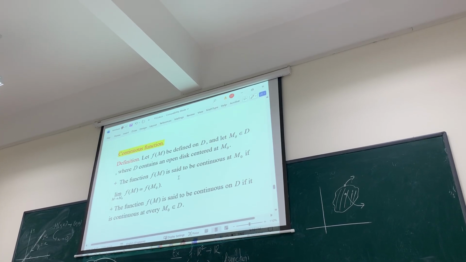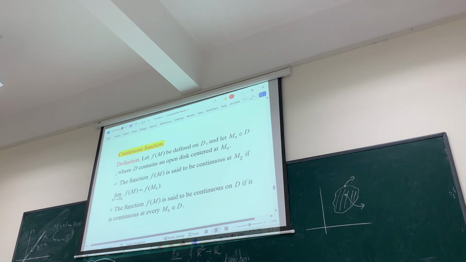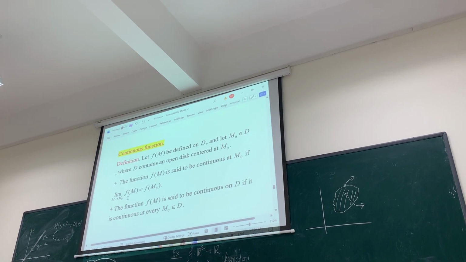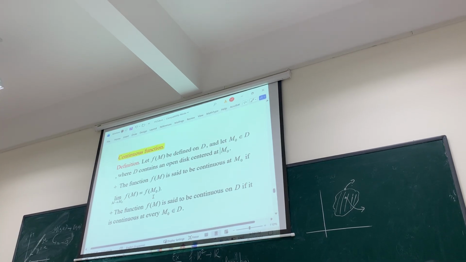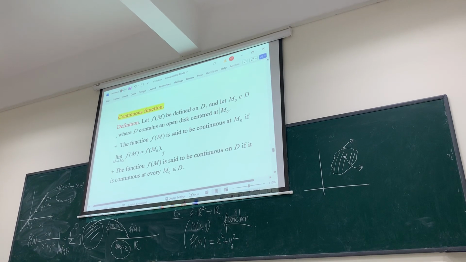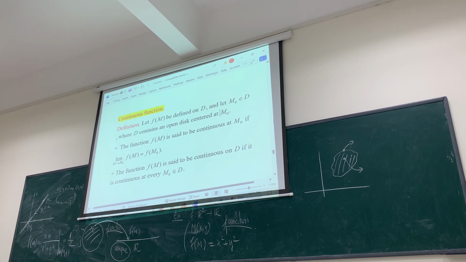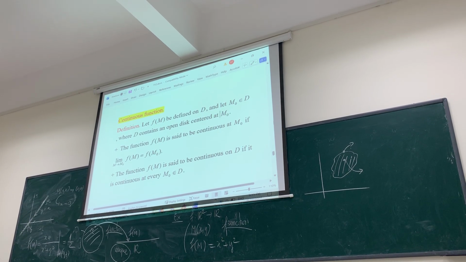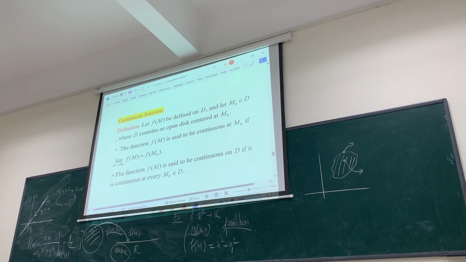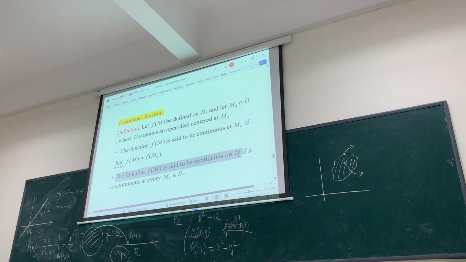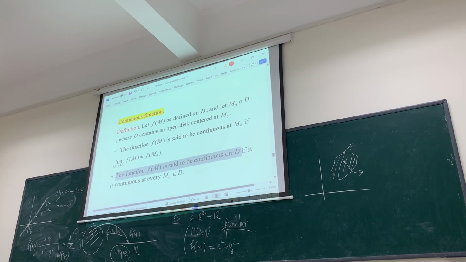The function f is said to be continuous at n0 if the limit of f when m tends to n0 is equal to the value of f at m0. Similar to a single variable function, we can define f continuous on the set D if it's continuous at every n0 belonging to D.